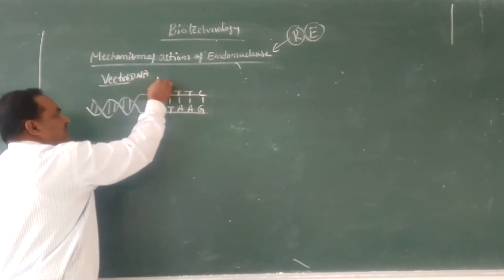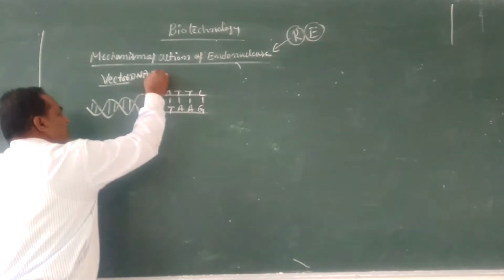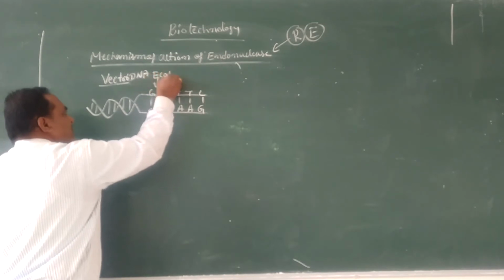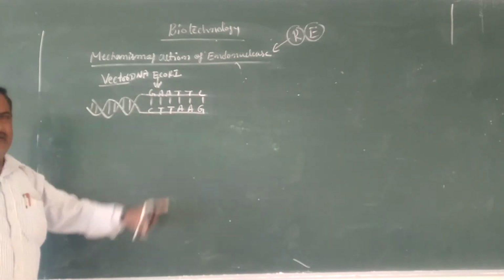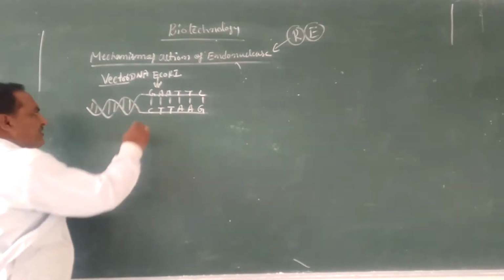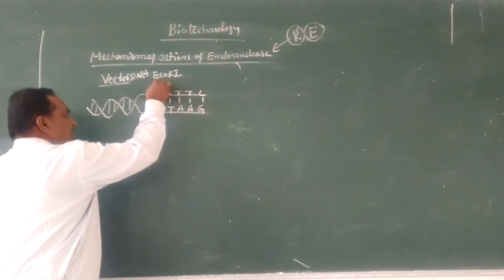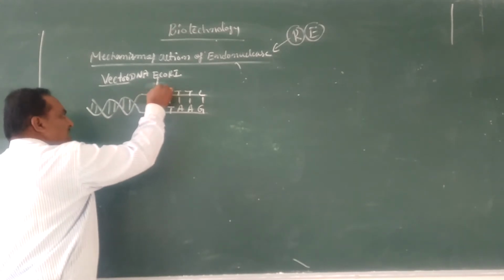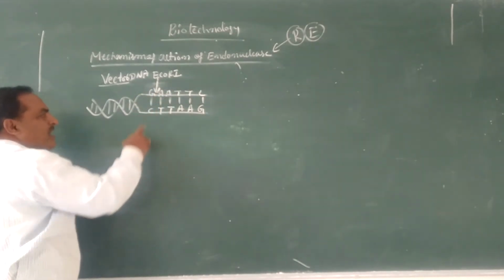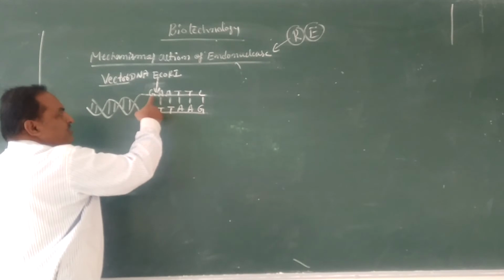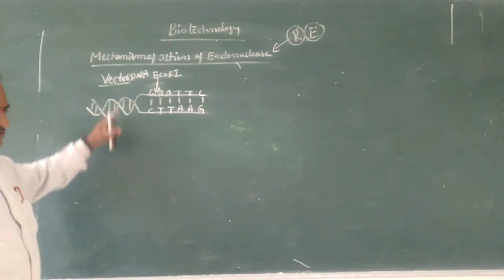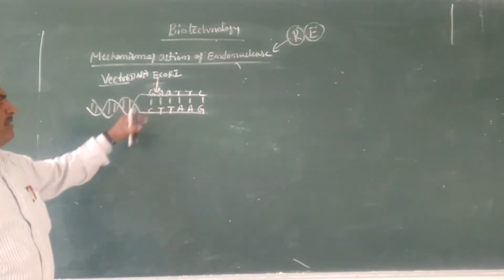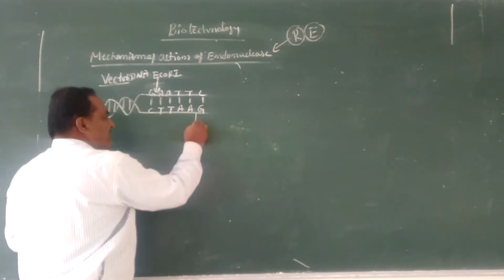One of the endonucleases is called EcoR1. EcoR1 identifies the palindromic sequence and cuts the DNA particularly in between G and A, where the sugar and phosphate backbone is fitted.